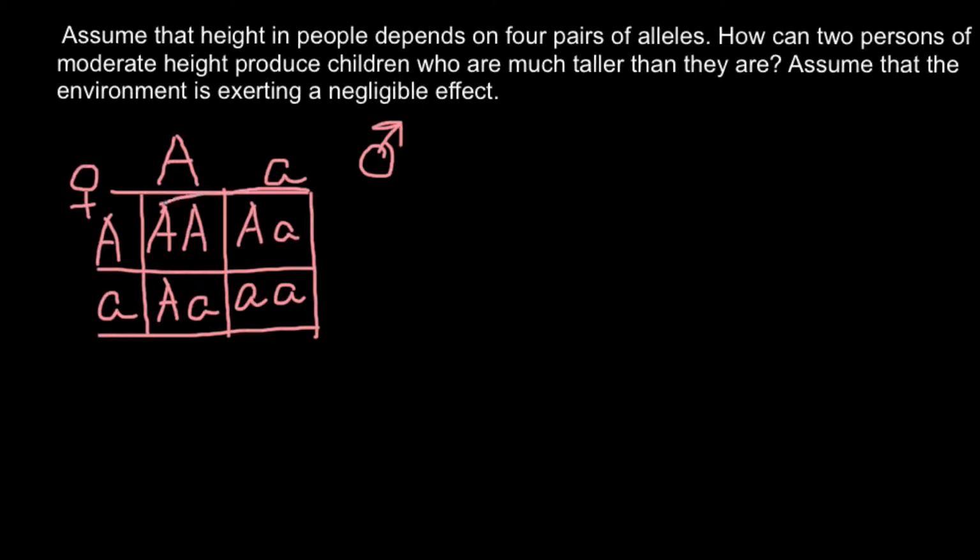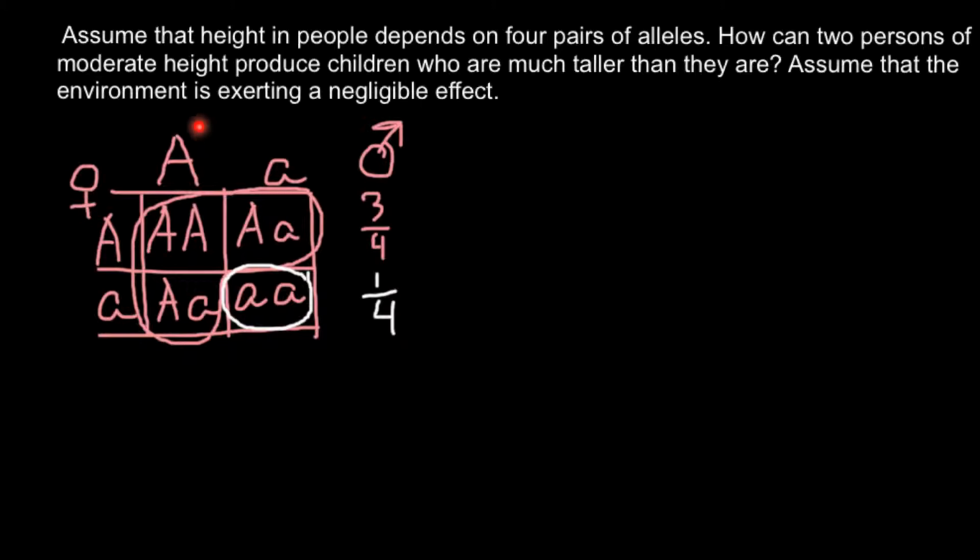And 3 out of 4 genotypes would make one phenotype. So 3 out of 4 would look alike, because this is simple Mendelian genetics, and the homozygous dominant genotype would look the same as the heterozygous genotype. And 1 out of 4 we would expect to be a different phenotype.